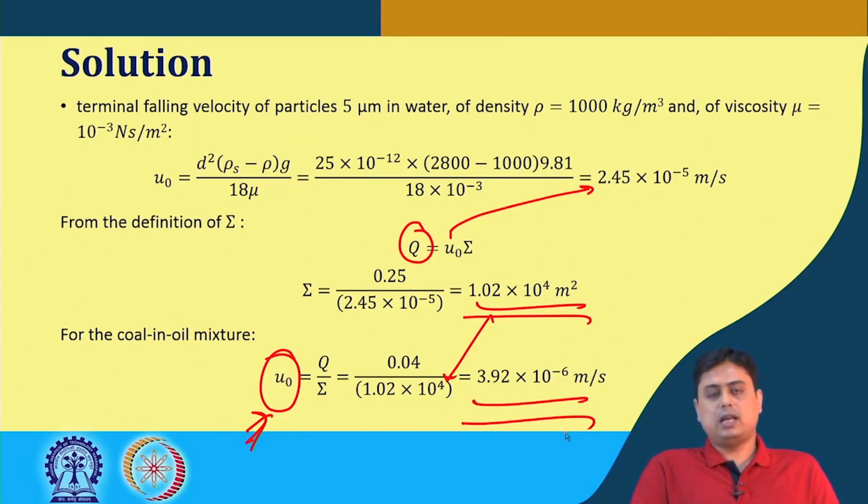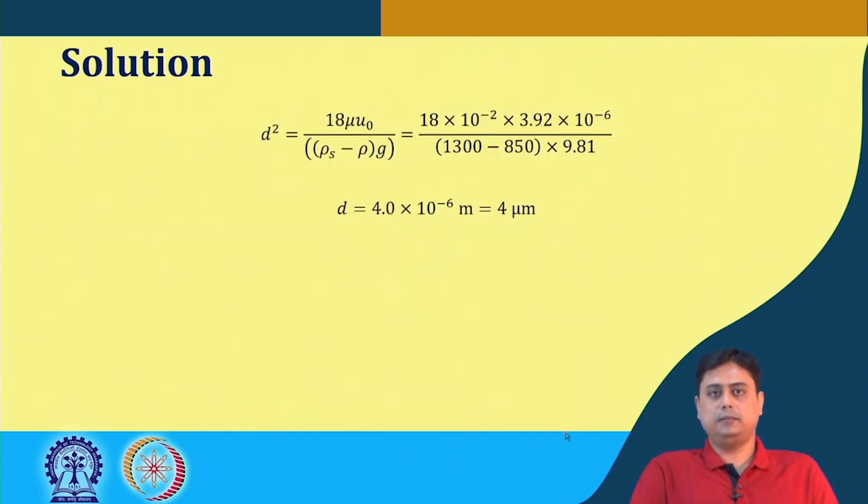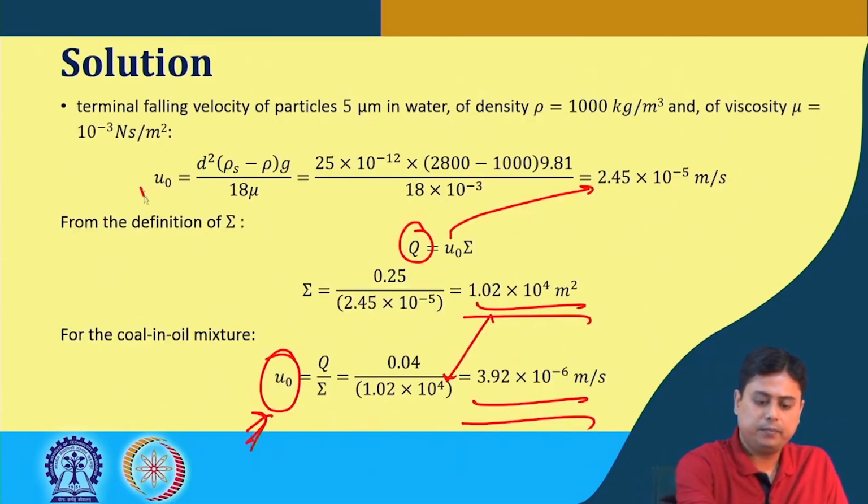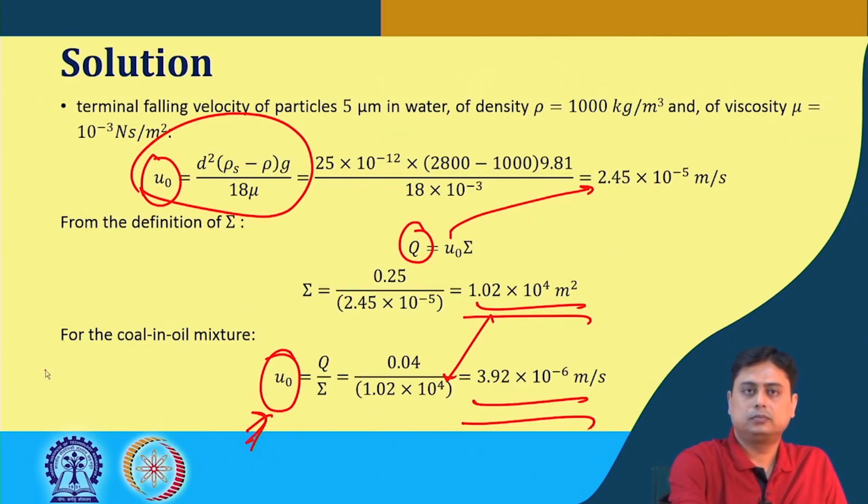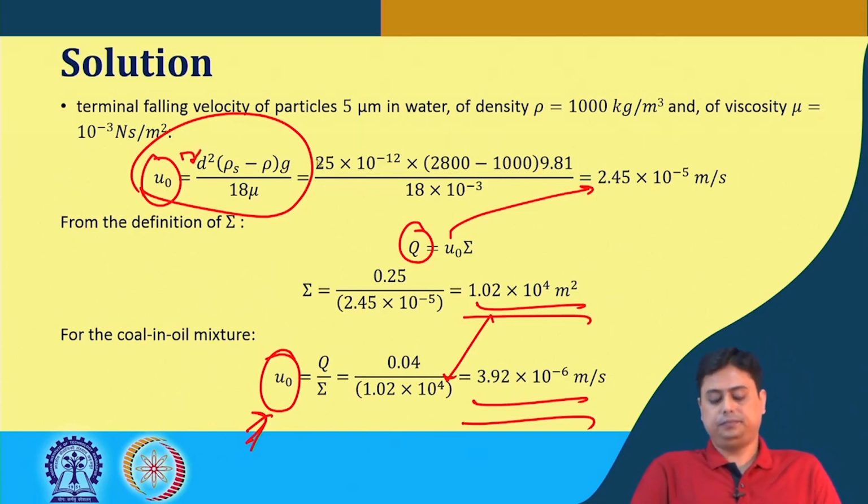So, this terminal velocity will be of a certain cut size particle, and from this expression once again, we know the U0, we have to find the d, the other parameters are given.